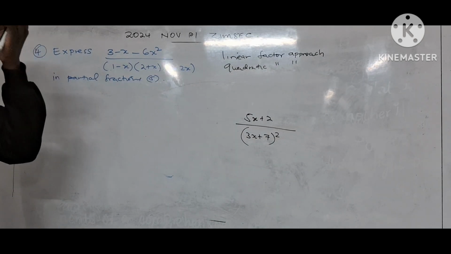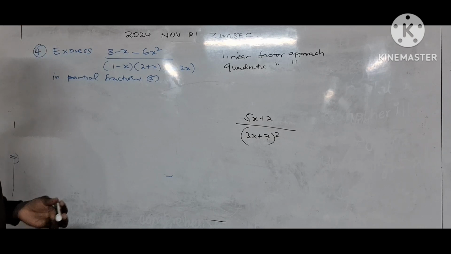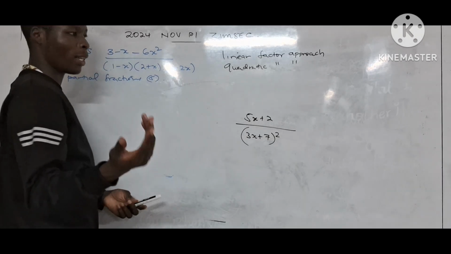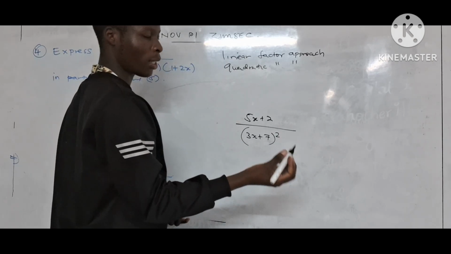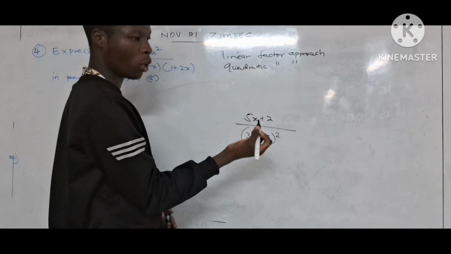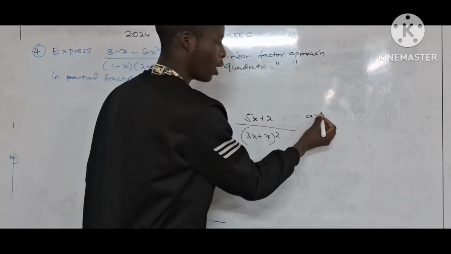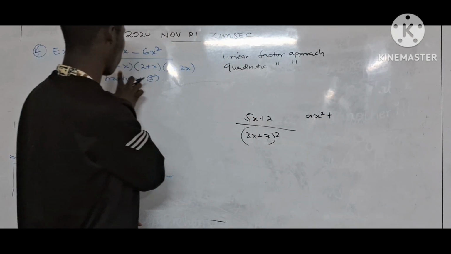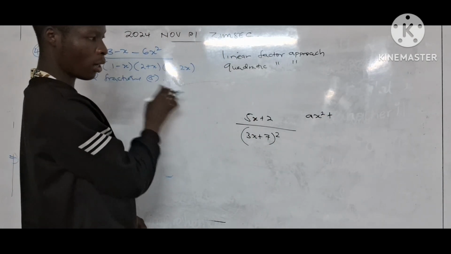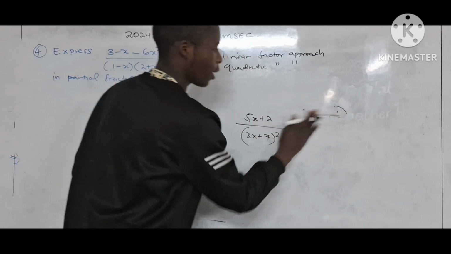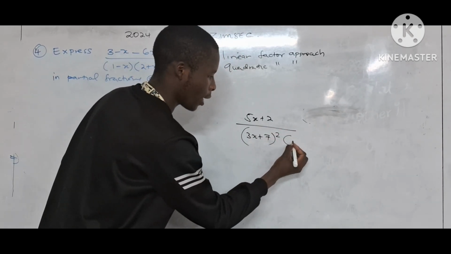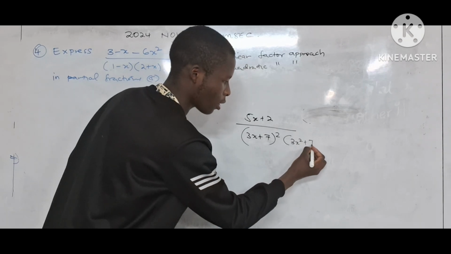Let's check on the issue of quadratic. You know what a quadratic expression is. A quadratic expression is characterized by the highest power of the unknown being 2. For example, let's say you have a factor in the denominator like ax plus b. Then here I can say 3x squared plus 7.